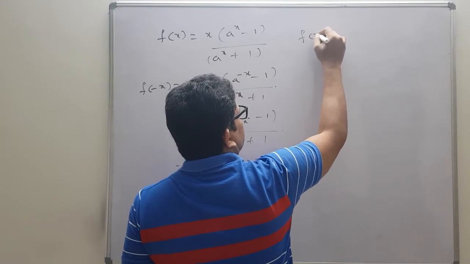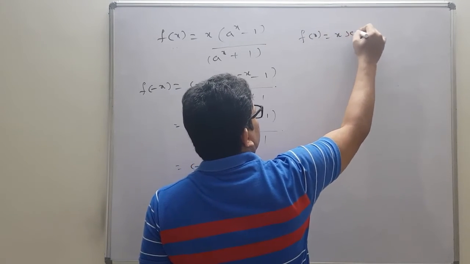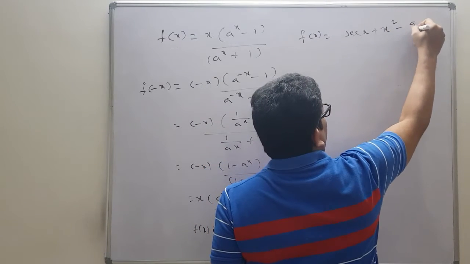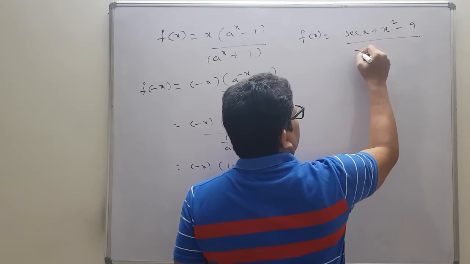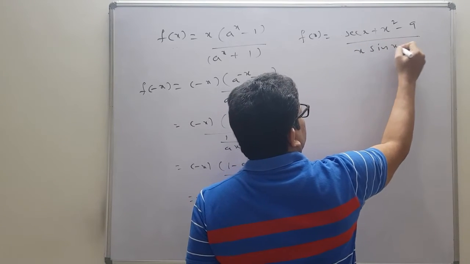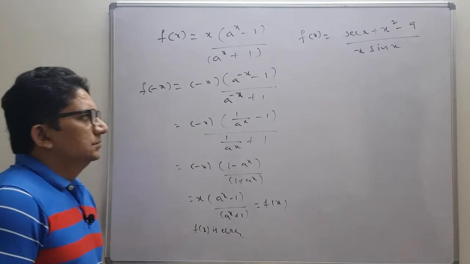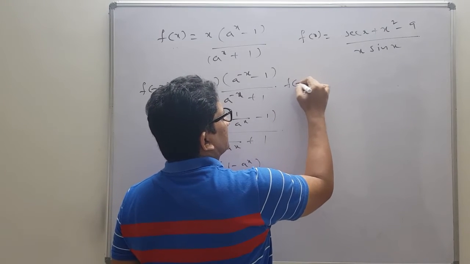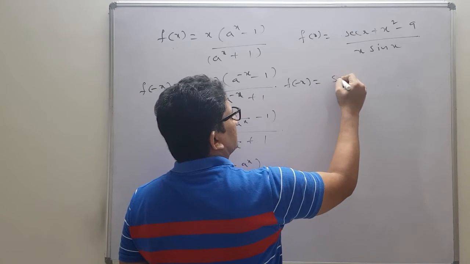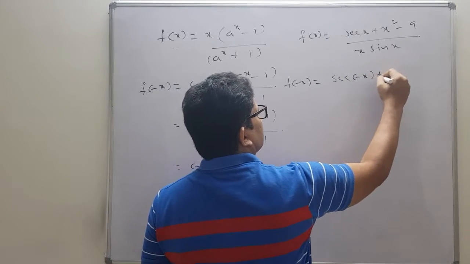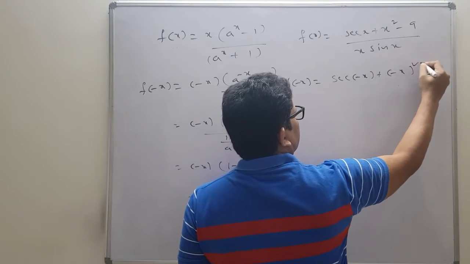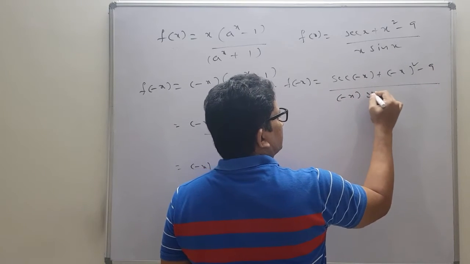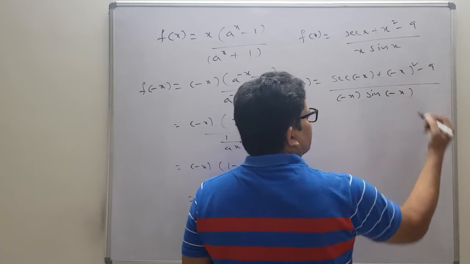Next question: f of x equals (x square minus 9) divided by x sin x. Okay, students, we'll check this problem also. f of minus x equals, we can write, (secant of minus x plus (minus x) whole square minus 9) divided by minus x times sin of minus x.